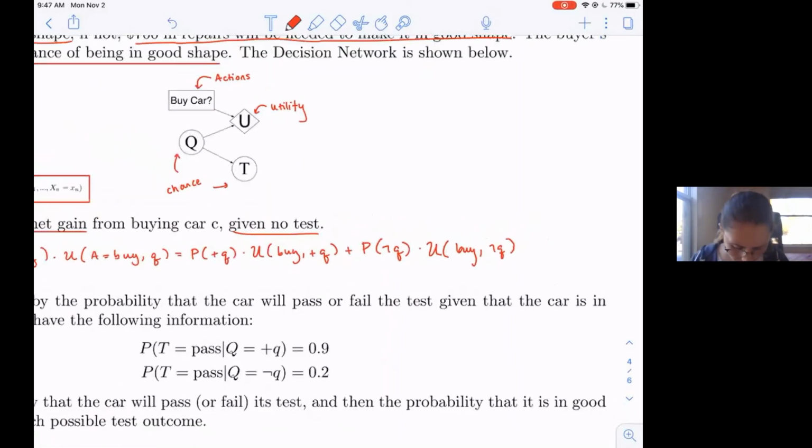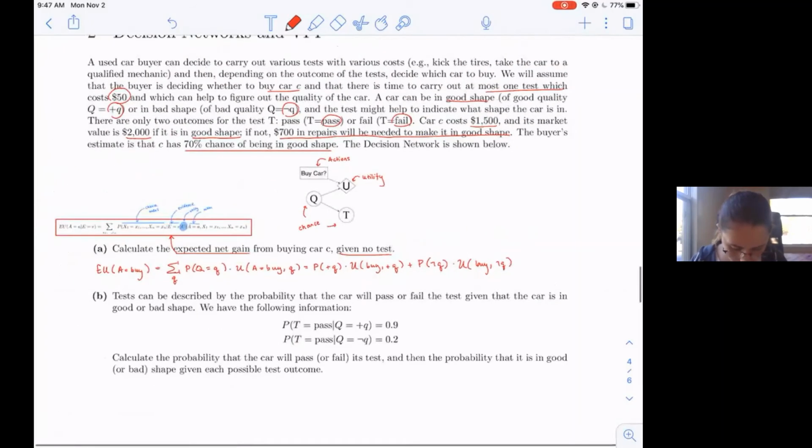Okay, what are each of these values here? Well, we're told that we have a 70% chance of the car being in good shape. That means that the probability of plus Q, or the car being in good shape, is 0.7. And then what's the utility of choosing to buy when the car is in good quality?